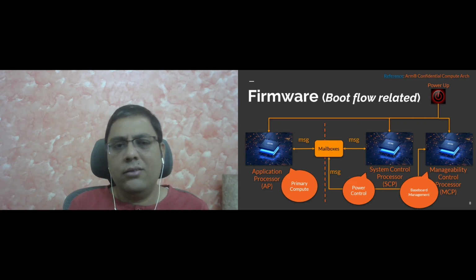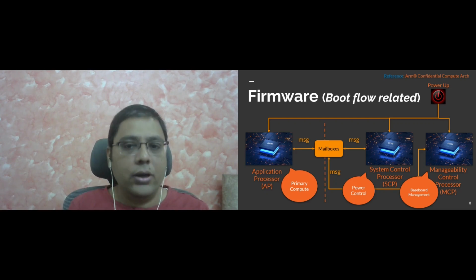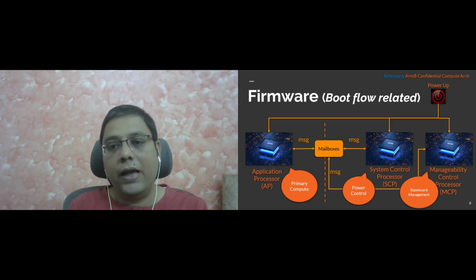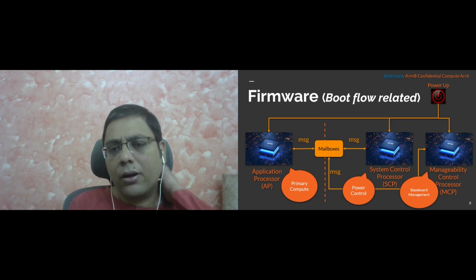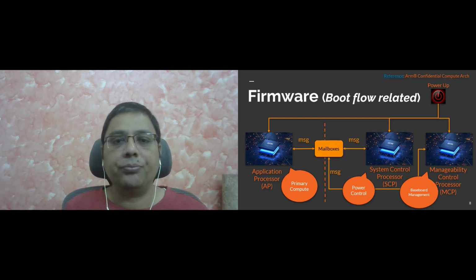Note that this is still a fairly simple boot architecture because as we add new firmware components which deal with the root of trust, security, partitioning between the secure world and the non-secure world execution environment, things start to become somewhat complex.